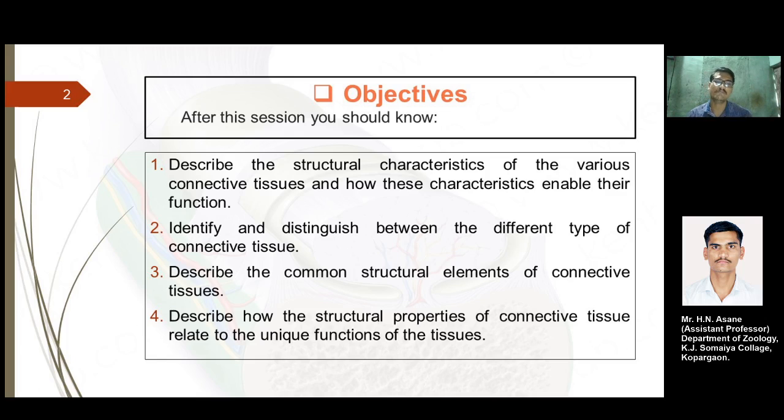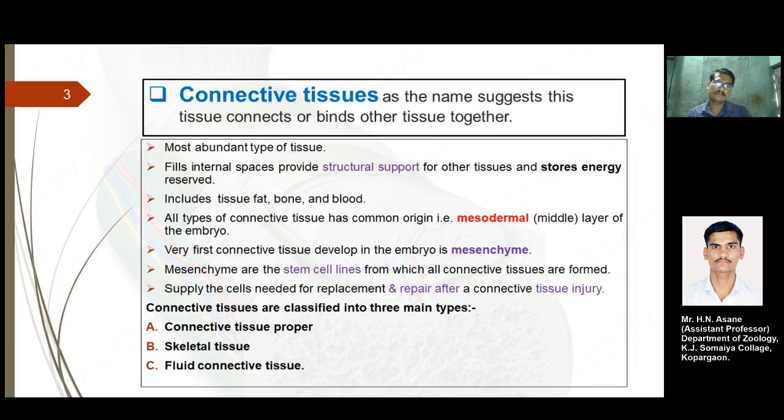We are going to elaborate and study in very much detail the connective tissue and the types of connective tissue itself. So let's get started. As I said, connective tissue connects or binds other tissues together.